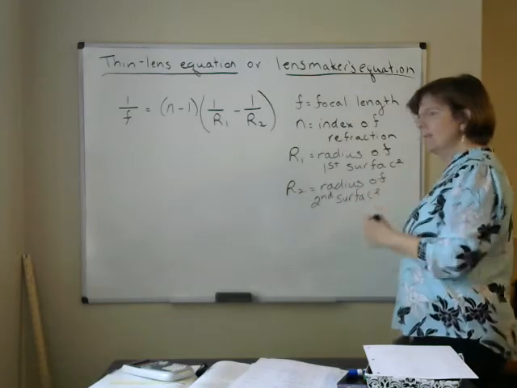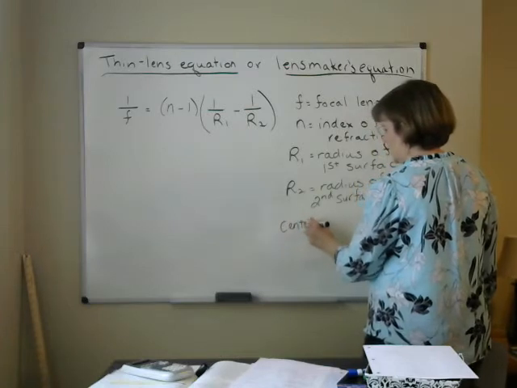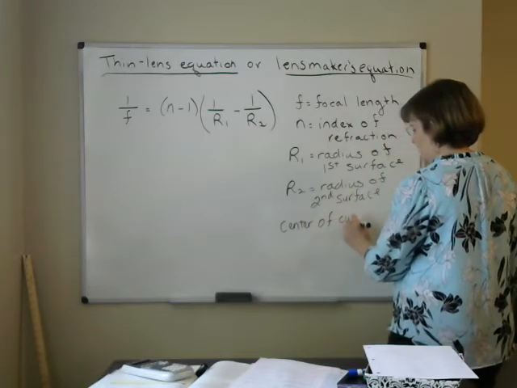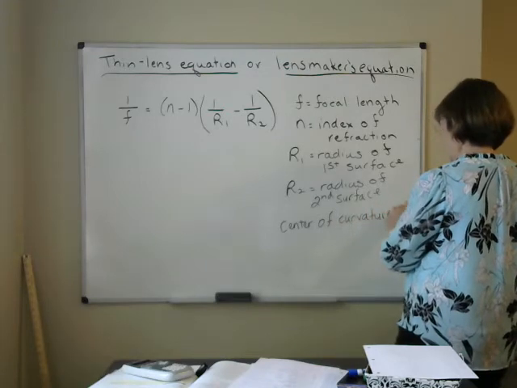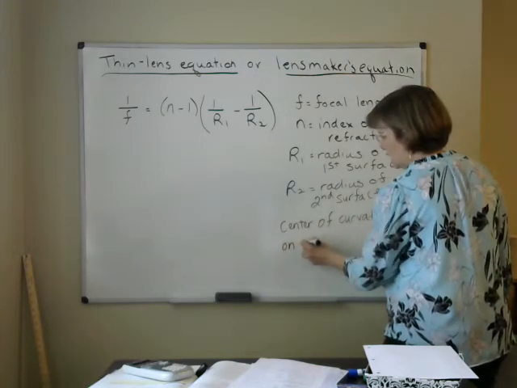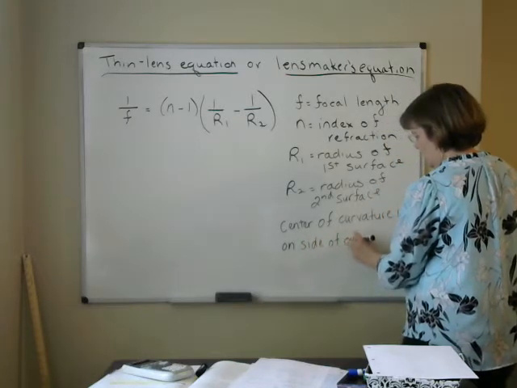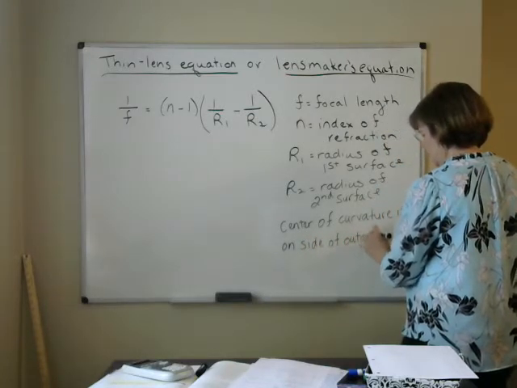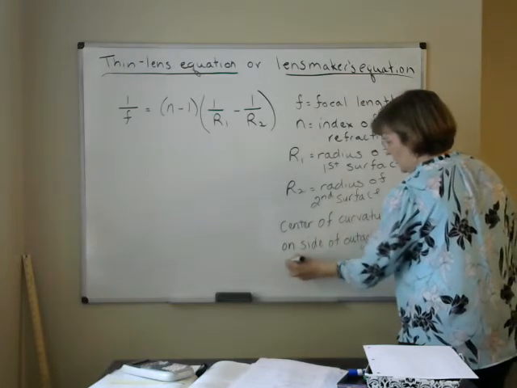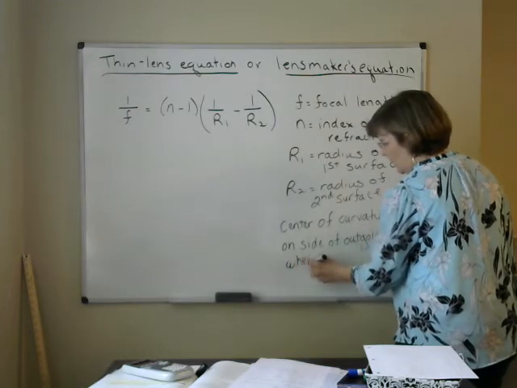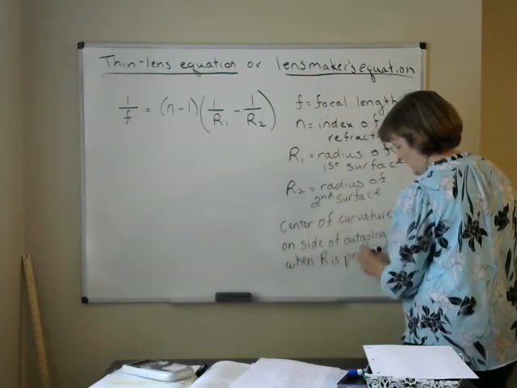So the center of curvature is on the side of outgoing light when R is positive, or greater than 0.